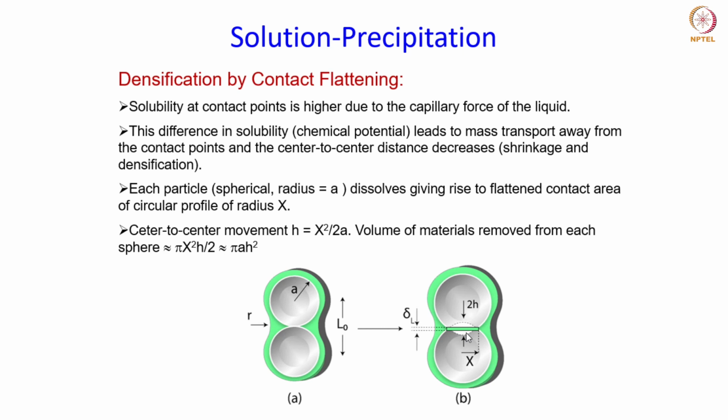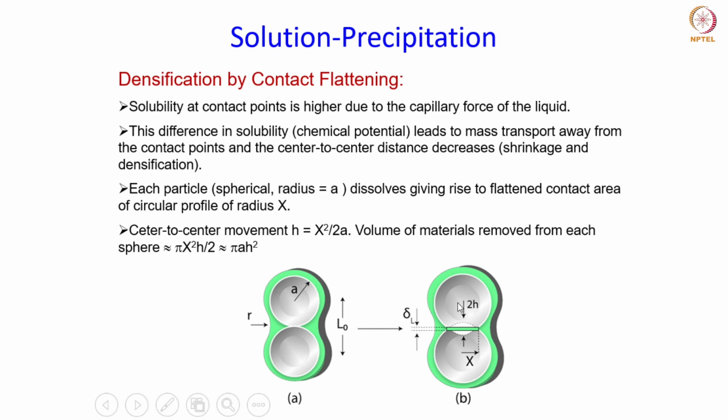And since the solubility at the contact point is higher compared to that in any other portion of the particle, there is a chemical potential difference, and due to that the mass is transported away from the contact points, and as a result of that the contact points become flattened and the center of the particles approach each other along the line which joins the centers of the two particles, like what you can see over here.